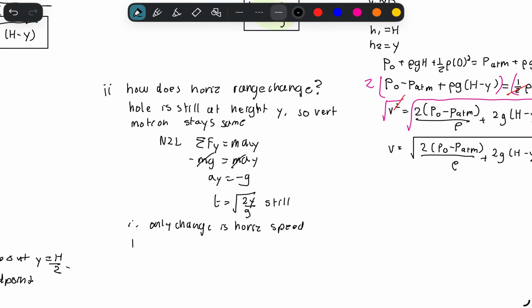And since we know that P0 is greater than P atm, that means this is positive. So exit speed is larger than before.